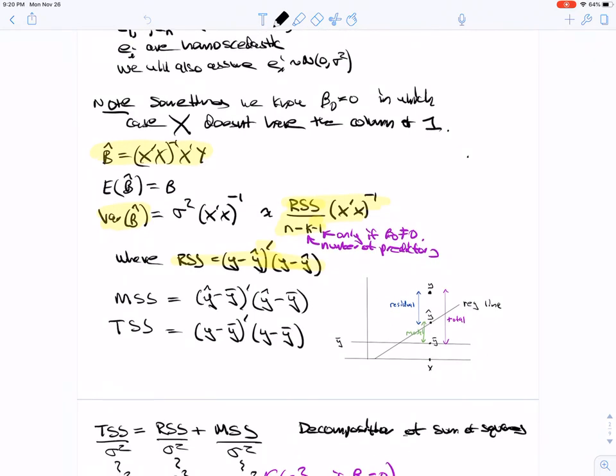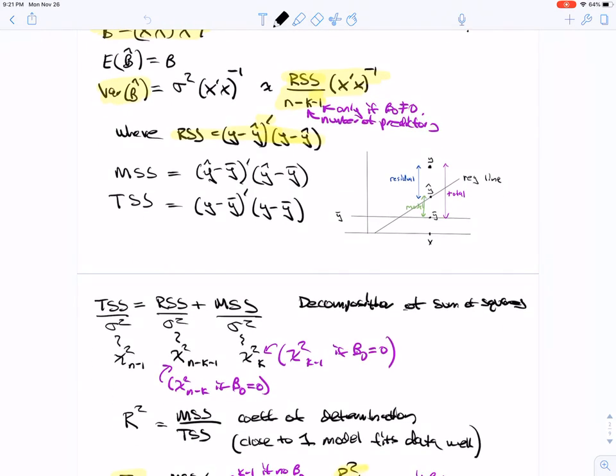You can see the total, the residual, and the model distances in this picture on the right here. It's obvious that the total is the residual plus model, but in fact the total sum of squares is the sum of the residual sum of squares plus the model sum of squares.